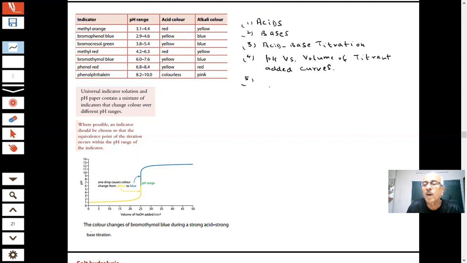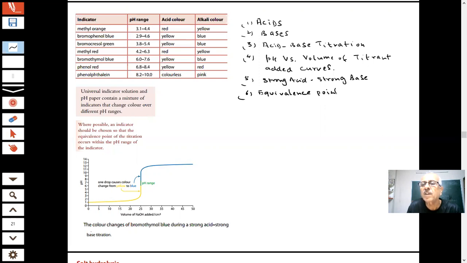You have used a pH meter and you have studied strong acids and strong bases. What was the pH at which the equivalence point took place? You talked about the equivalence point.